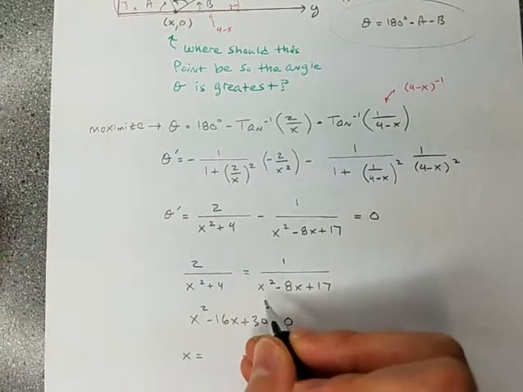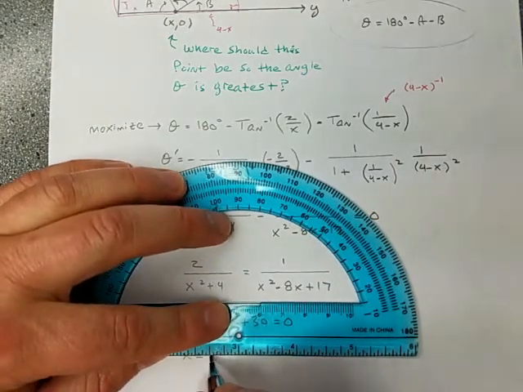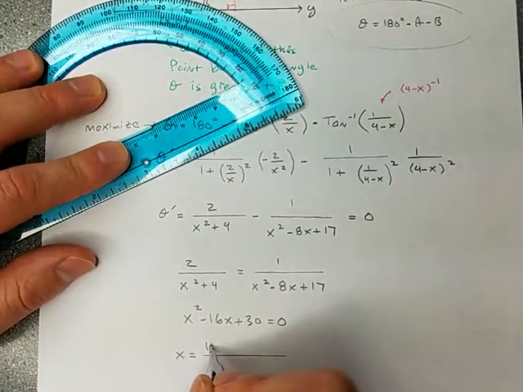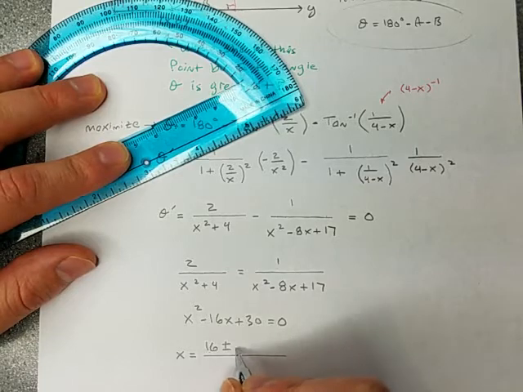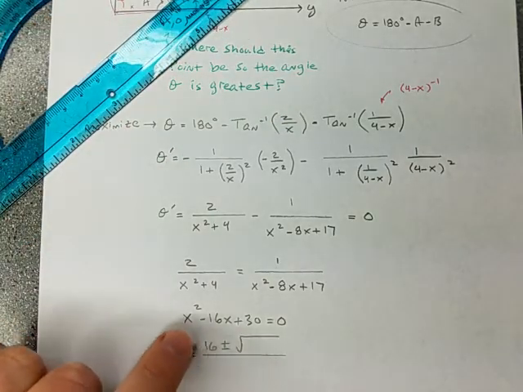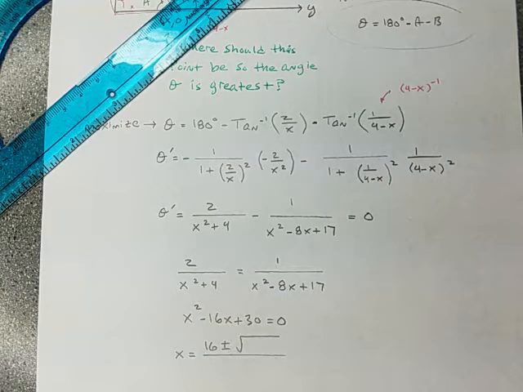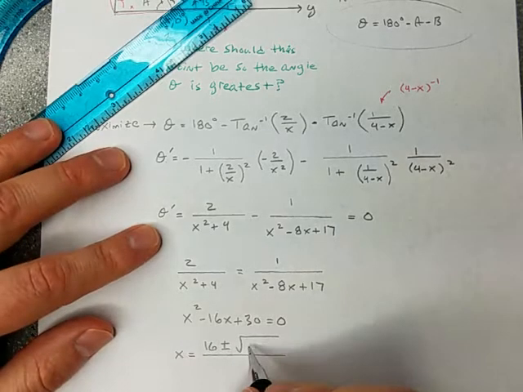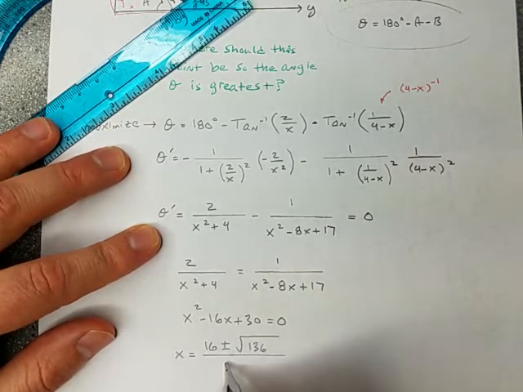x is equal to 16 plus or minus the root of 16 squared minus 4 times 30, so 136, over 2.